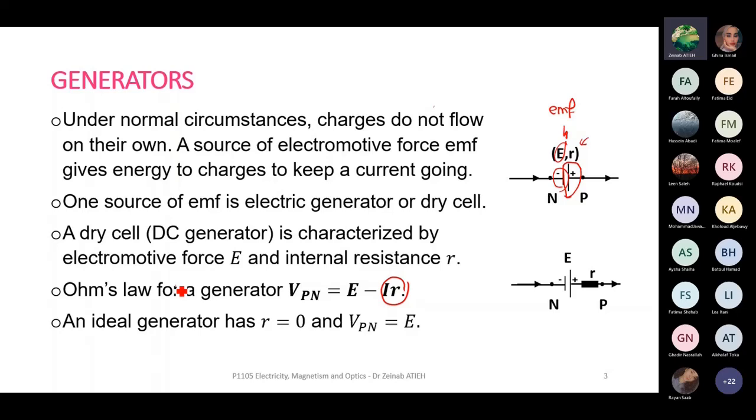In this case, VPN is equal simply to E. There is no R. So we say that VPN is just E if we consider the resistance very small. In this way, the generator is delivering the maximum voltage E and it's not consuming any part of this voltage for itself. Okay, so this is for a generator.